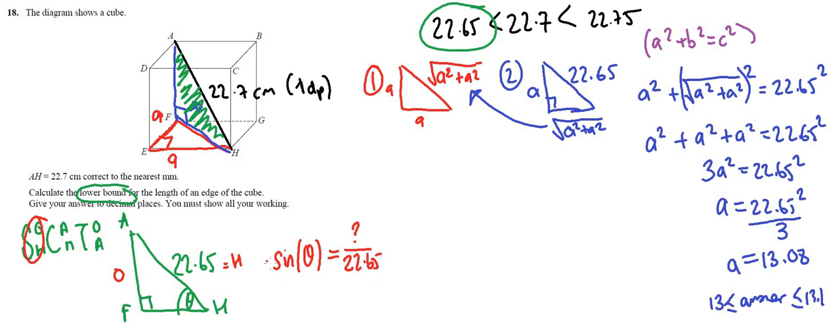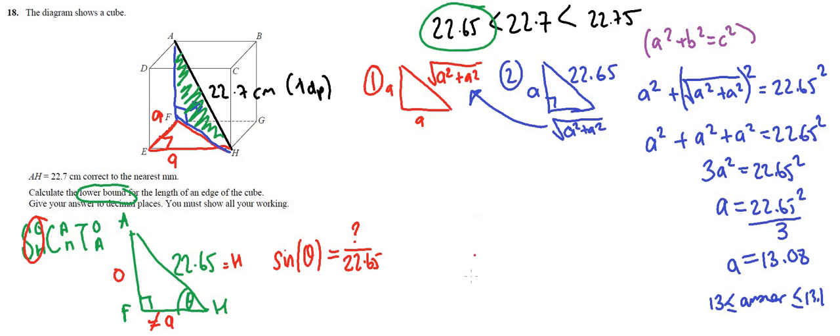Now, there is a problem. This length at the bottom here is not the same as A. Let's think why. It goes across the bottom of that triangle, the bottom of that base.